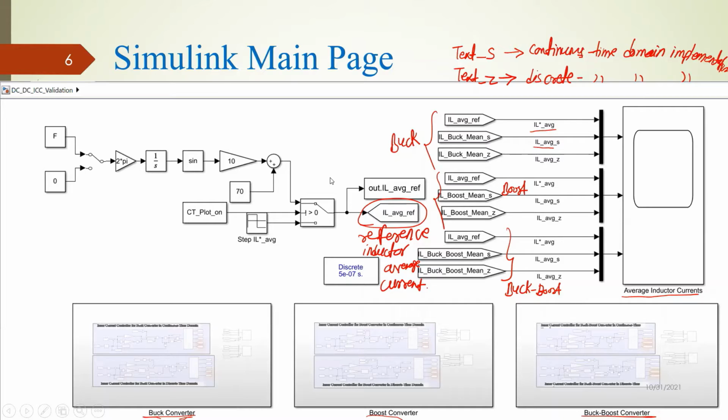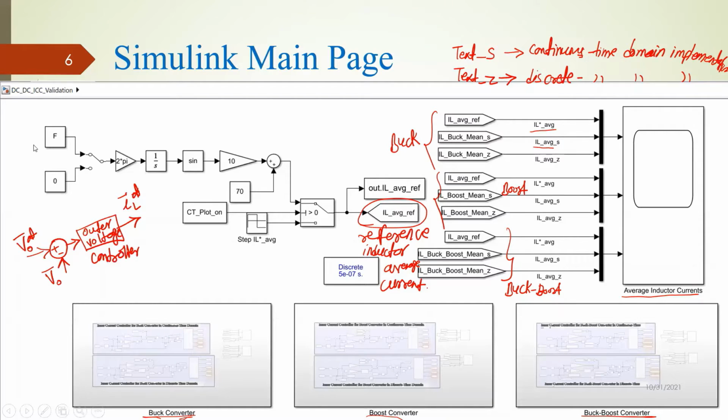And in the real world, we will have our voltage control loop. So this will be the output voltage reference, and then we give the feedback from the actual sampled voltage, and then we have the controller. So this is our outer voltage controller, and this controller will give us the average inductor reference current.